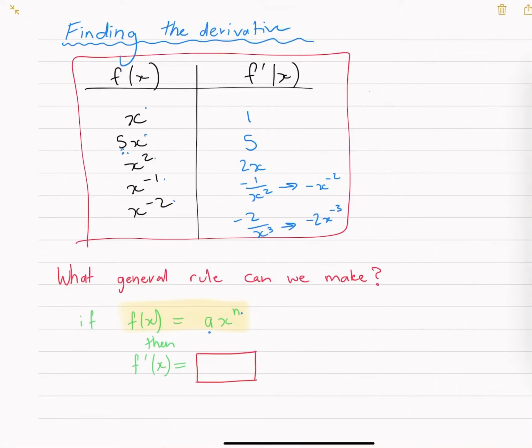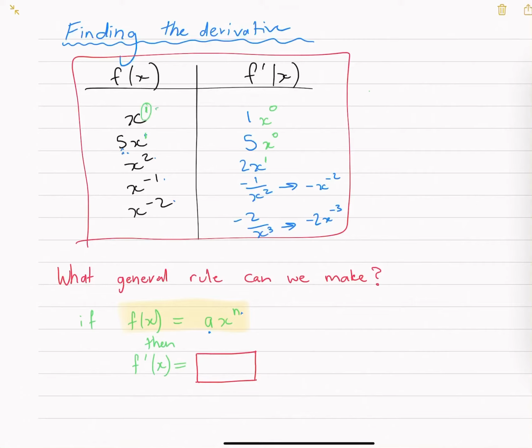Okay, so as a general rule, if we're looking at this, we could try and think about what's happening with the powers here. So I'm just going to add a power onto here. This is actually to the power of 1, isn't it? And this here is actually the power of 0. And this one here is to the power of 0. So if we think about what happens, this is 1, and this is 1, what happens to the power?